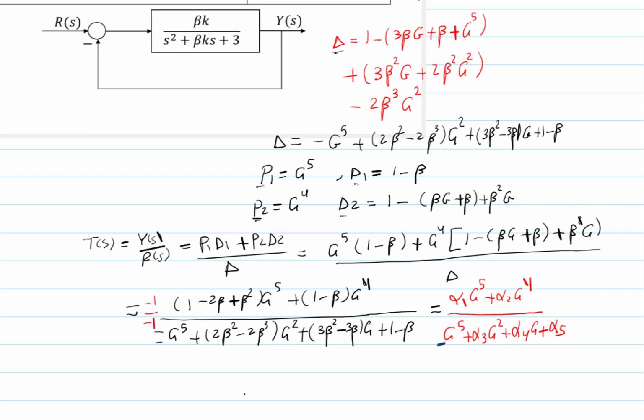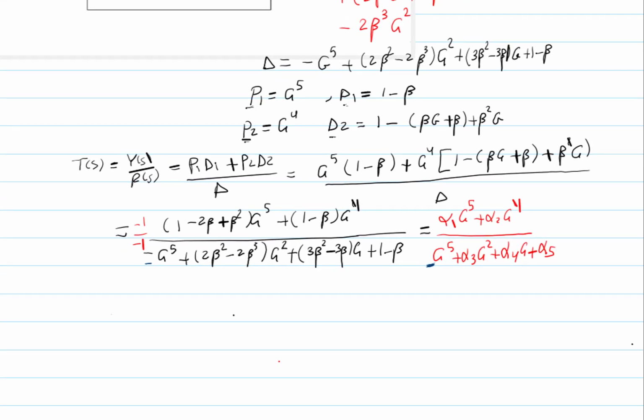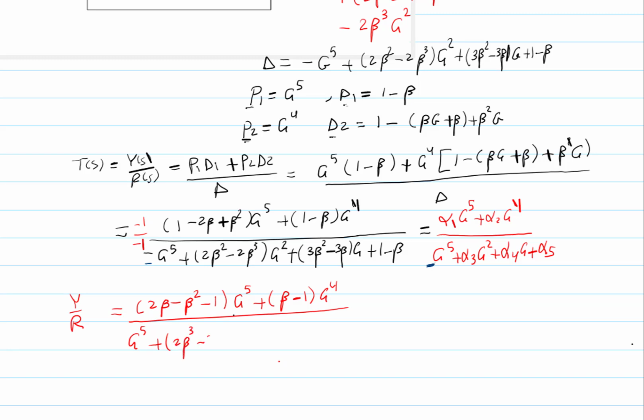So if we multiply, we now get Y over R in terms of beta and G equal to 2 beta minus beta square minus 1 multiplied by G to the power 5 plus beta minus 1 G to the power 4 over G to the power 5 plus 2 beta cube minus 2 beta square G to the power 2 plus 3 beta minus 3 beta square G plus beta minus 1.